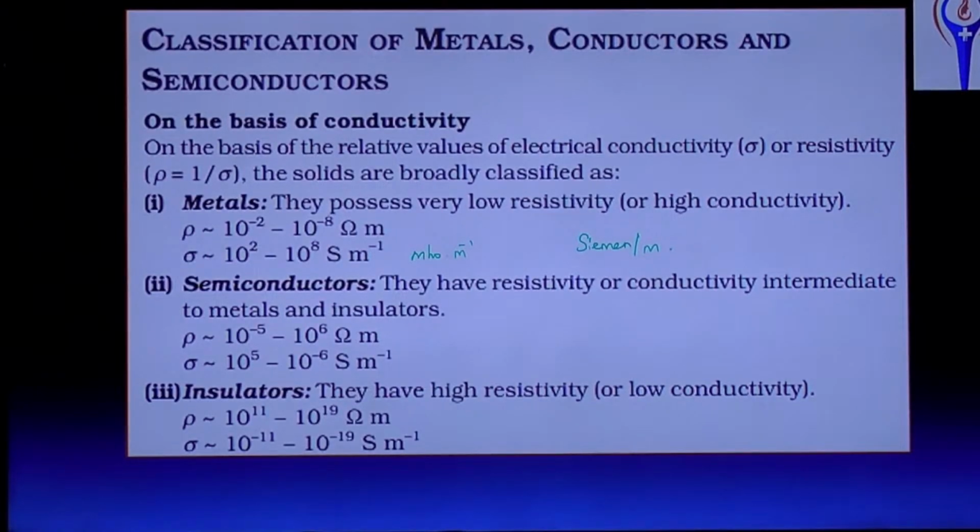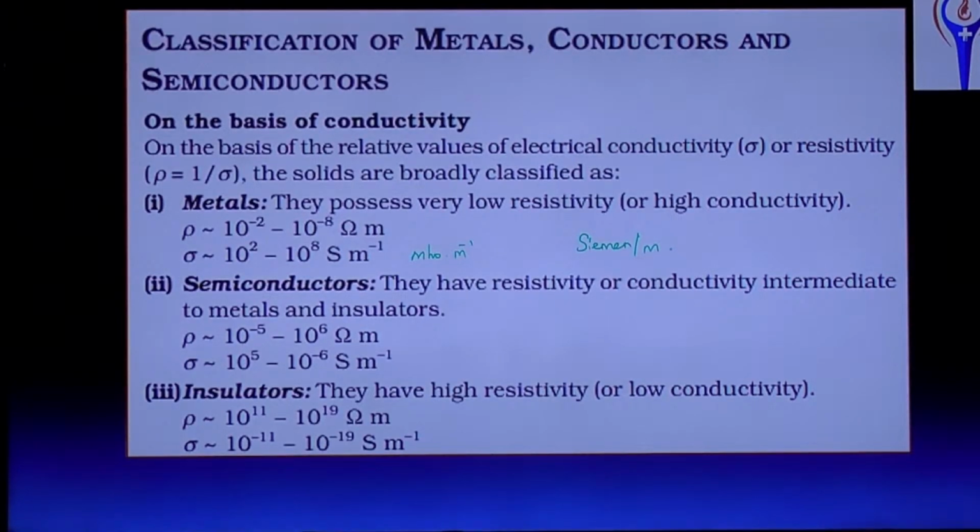Semiconductor. Semiconductors have resistivity or conductivity in between metals and insulators. Insulators have high resistivity or low conductivity: resistivity is 10 power 11 to 10 power 19, and conductivity is 10 power minus 11 to 10 power minus 19.